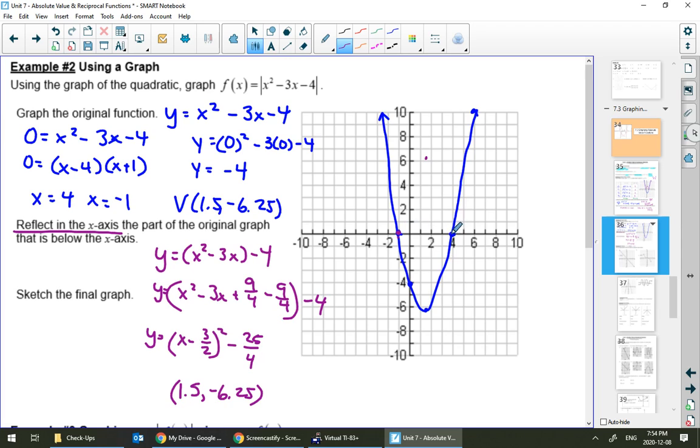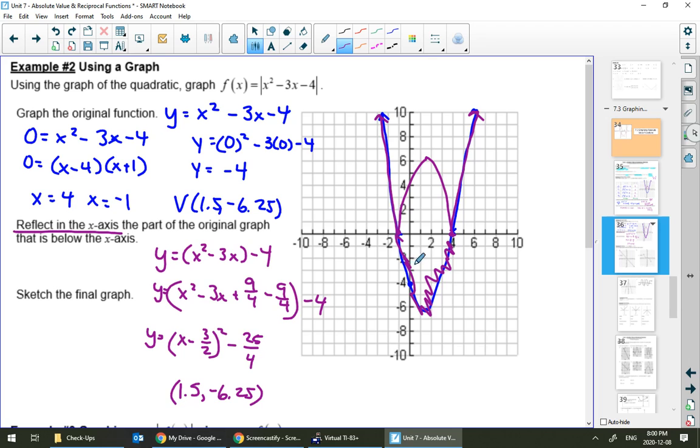Our zeros have now become our invariant points, and the graph is going to swoop down, and then swoops up this way and swoops up this way. So essentially this piece down here disappears.